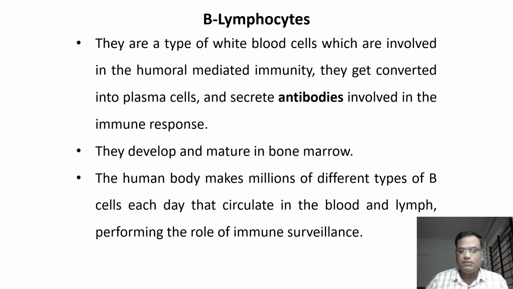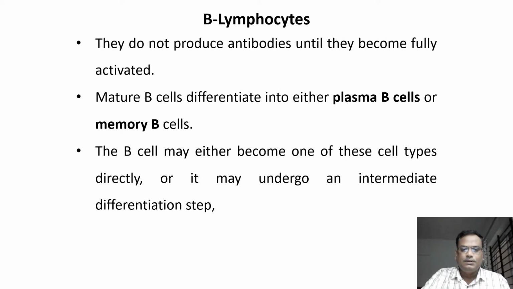And some of the cells circulate in the blood and do the surveillance, and they are always circulating and searching for the antigen or the pathogen. They do not produce antibodies until they become fully activated.